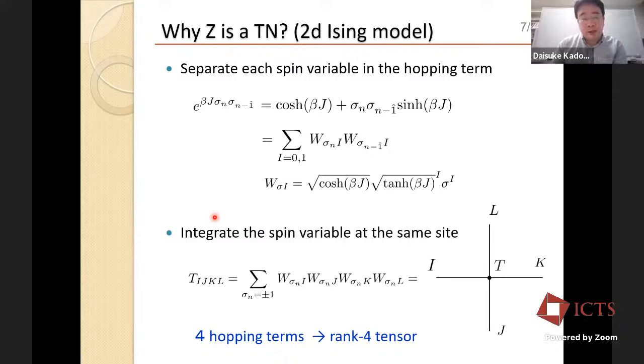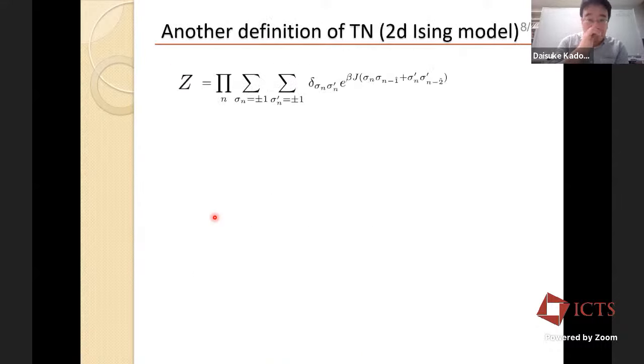But the tensor network representation is not unique. Actually, let's see another definition of a tensor network. By adding auxiliary spin variables, sigma n prime, and writing the second hopping terms in terms of sigma n prime, the partition function can be written in this form.